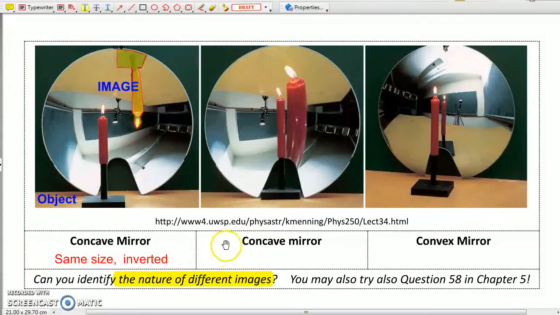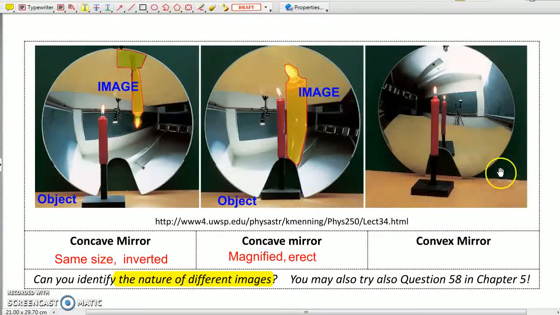In the middle, it is a concave mirror. Let's talk about the size first. So the image is magnified. And what about the direction? It has the right side up, and so it is erect. On the right, it is a convex mirror.